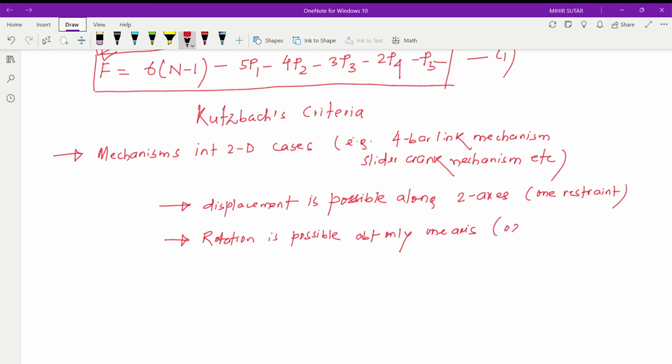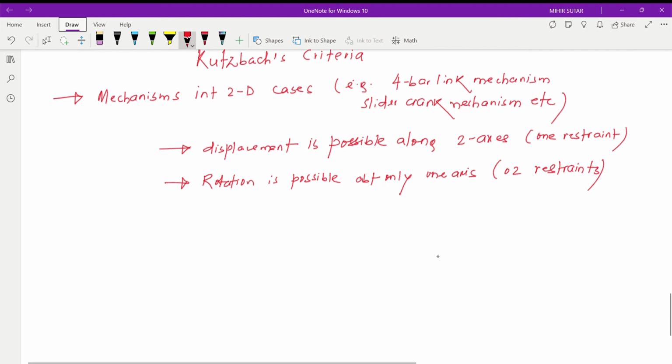That means the other two are restraints. So in general there are a maximum of 3 degrees of freedom.